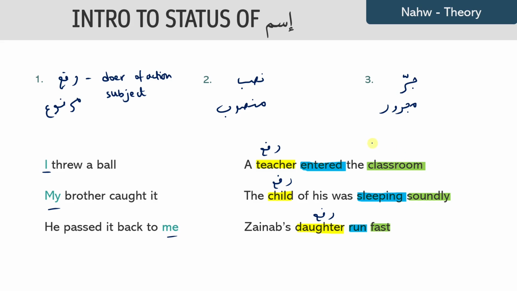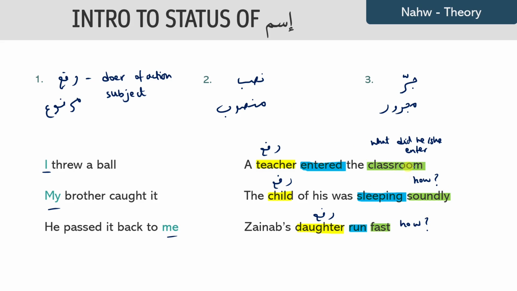Classroom is the answer to what did she enter. Soundly is how was the child sleeping, and fast is how was the daughter running. She was running fast. So all of these are details about the verb.